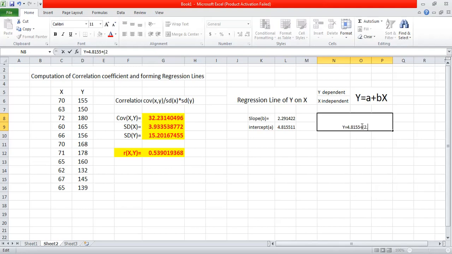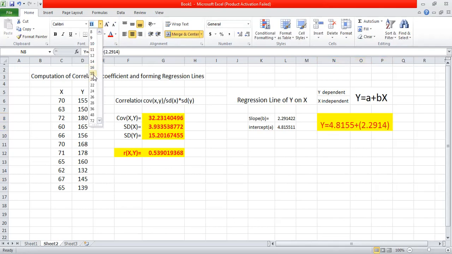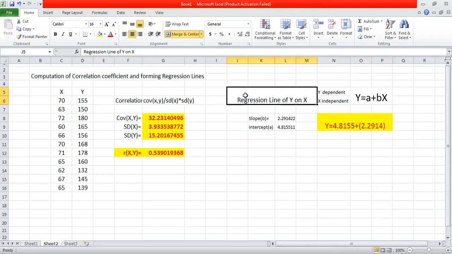The b value is 2.2914. So this is the equation of the regression line we get with simple steps. What is the regression line I got? Y equals 4.8155 plus 2.2914x.